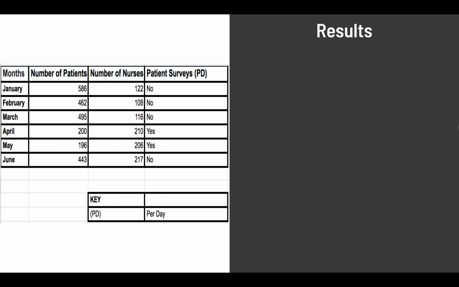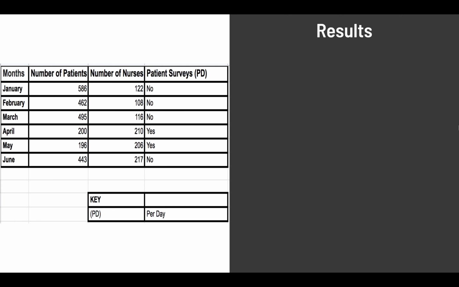So here's our results. This is for the year of 2020. Here we can see it's just half of the year, January through June. That's what we see in the months column, and then we have number of patients, number of nurses, and then patient surveys, all per day as depicted in that key.